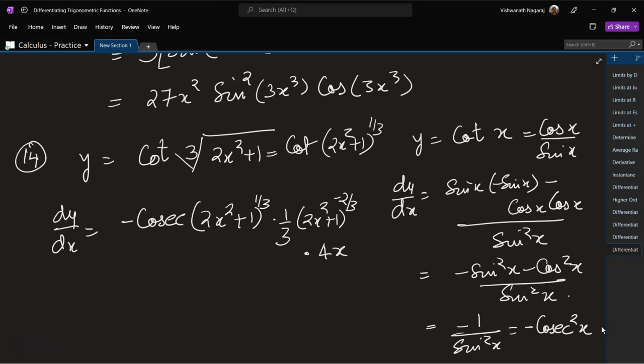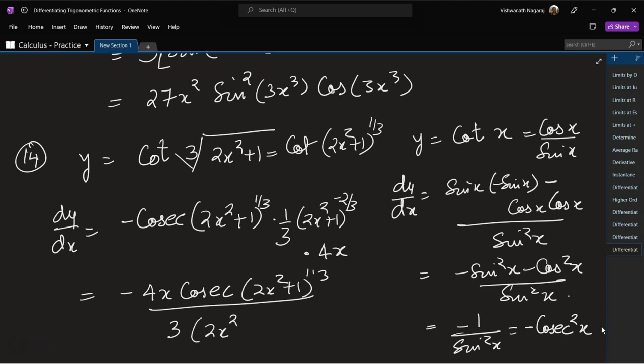That is 4x, which gives us minus 4x times cosec 2x square plus 1 to the power of 1 by 3, and this is negative exponent, so that goes down, and here the 3 will also be down, so 2x square plus 1 to the power of 2 by 3.